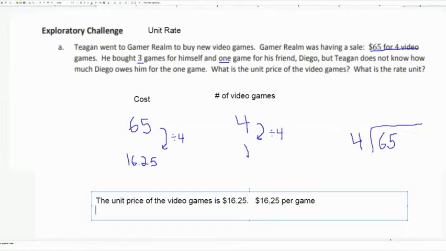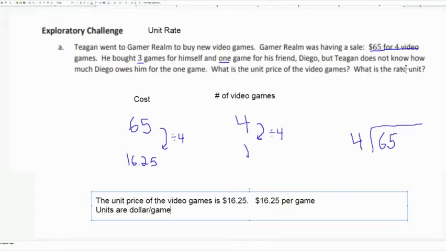The units involved are dollars, because it costs dollars over games, or over the singular game. So this answers the first part. What is the unit price per game? It is $16.25 per game.